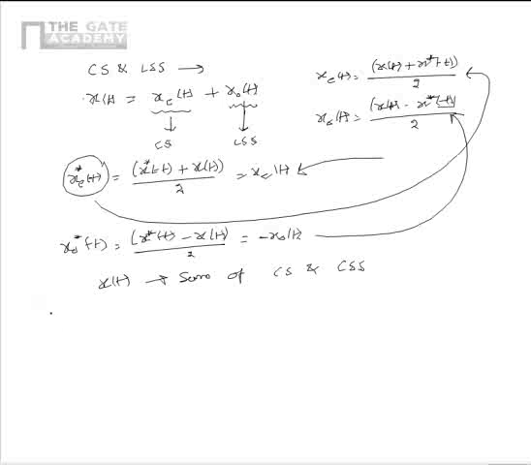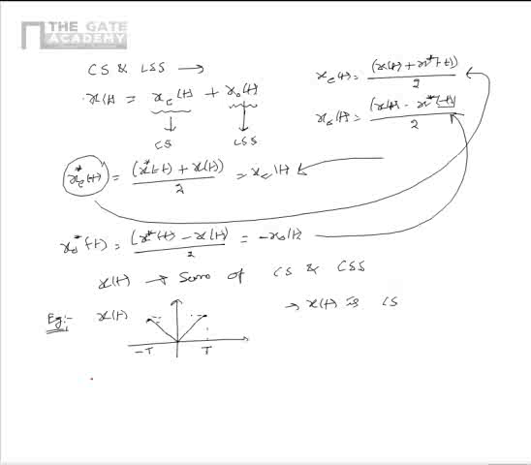Now let us consider an example. Suppose the function x of t is given as shown. Now we have to find if the signal x of t is conjugate symmetric.